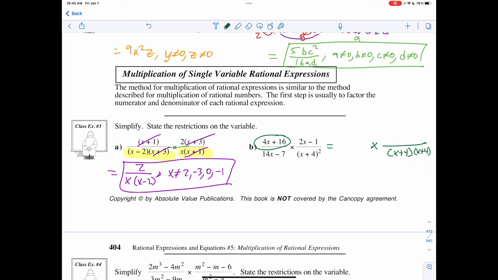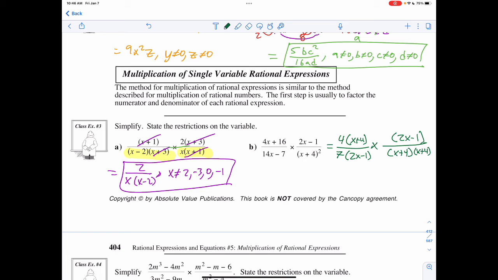The top one here, I can pull out the common factor of 4, and I get x plus 4. The denominator here, I can pull out the common factor of 7, and I get 2x minus 1. And this one can't be factored down, so I'm just going to put it in brackets and say that that's going to be a 2x minus 1.